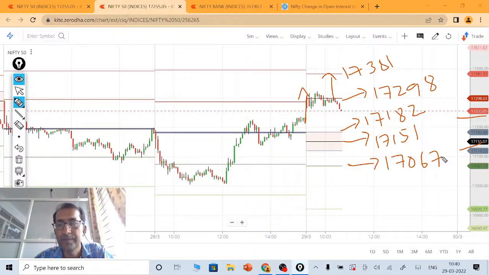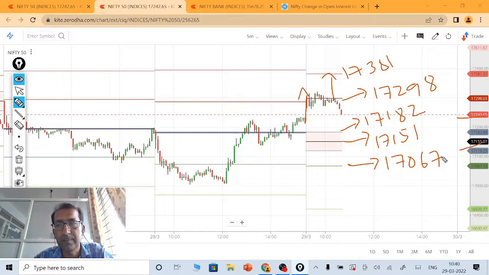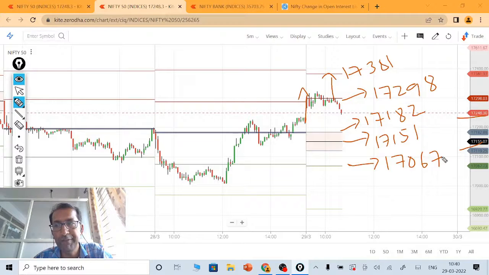The next support is at around 17,067. So what should be your strategy for the day? If the Nifty is sustaining above the pivot, that is 17,151, and the upper range of the pivot, that is 17,182, you can go long if the Nifty comes to these levels for a target of 17,300 and above.